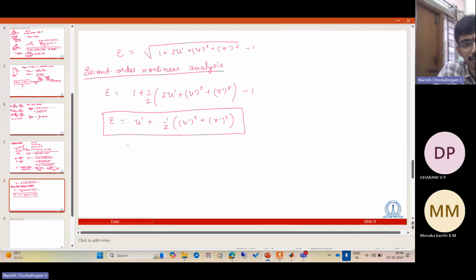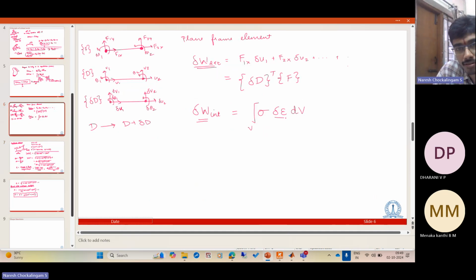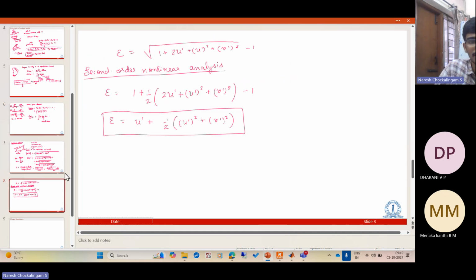Now we are interested in the delta strain. So what is this delta strain? This is what we want, right? This is the virtual strain, or the strain associated with the virtual displacement.